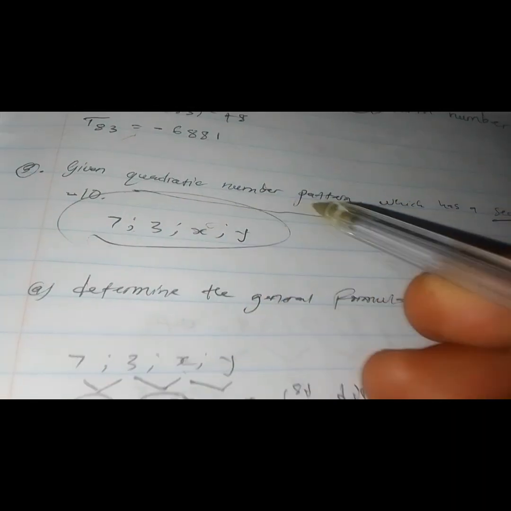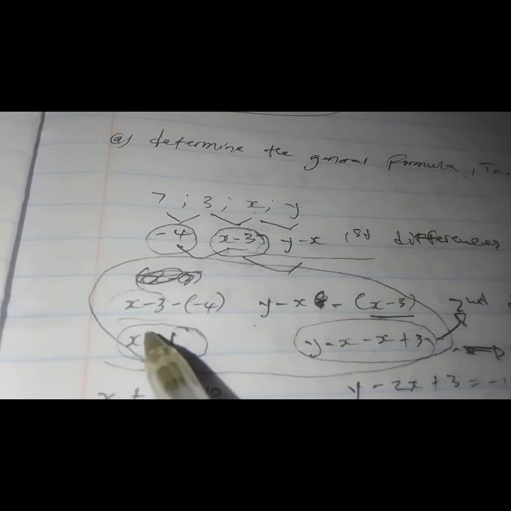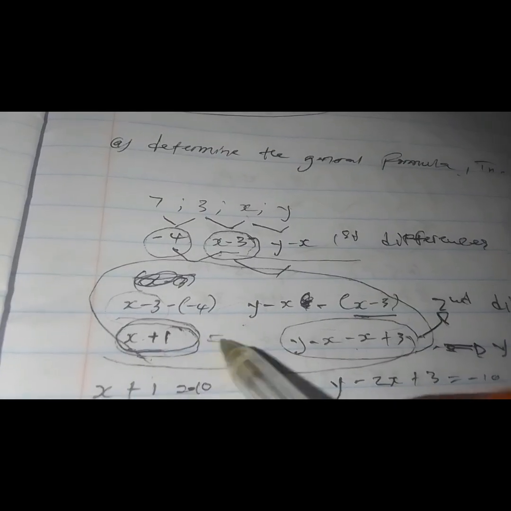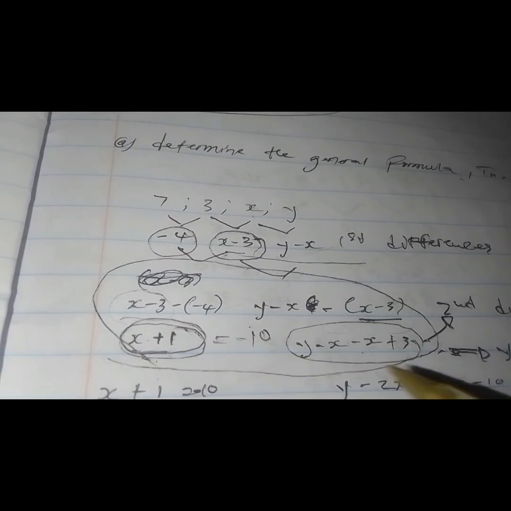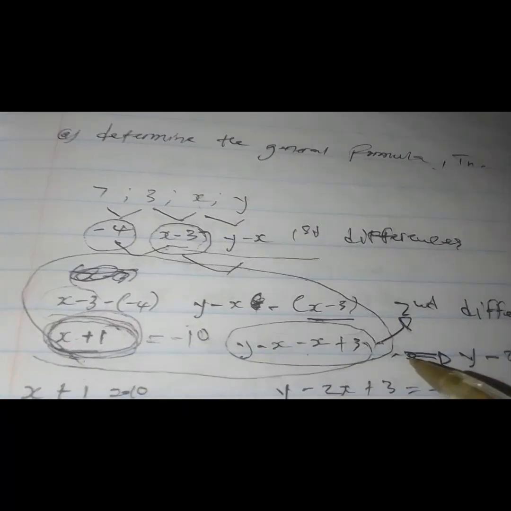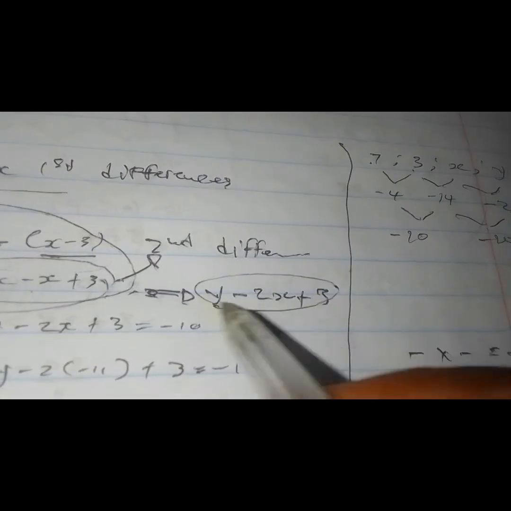Given quadratic number pattern which has a second difference of what? Of negative 10. It means that x plus 1, this term, will be equal to negative 10, because as a whole this thing is our second difference. And also here, this is your second difference.